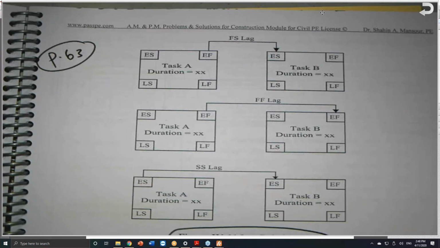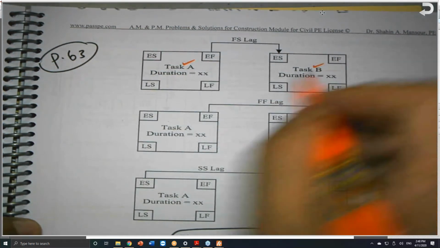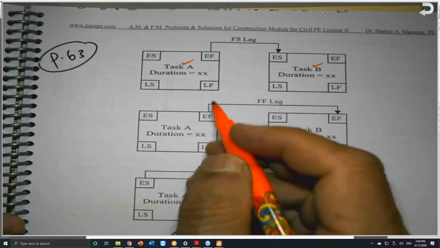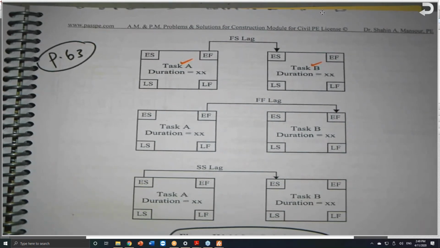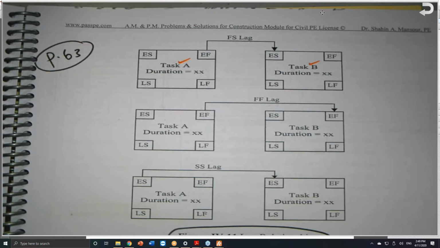This is an activity A or task A, and this is a task B. Those who are not taking construction, if you are interested, I will be glad to make a copy and include it also.